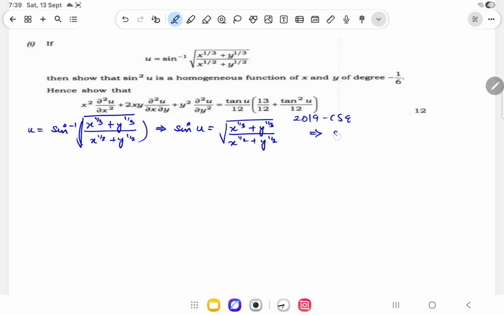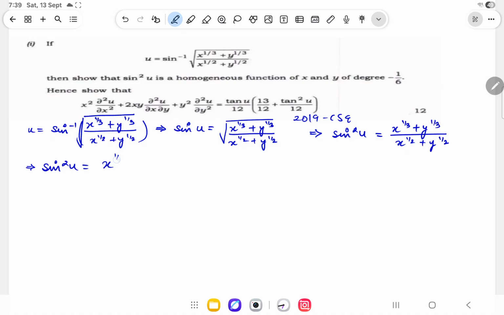So from here I'll get sine square u as x raised 1 by 3 plus y raised 1 by 3 divided by x raised 1 by 2 plus y raised 1 by 2.